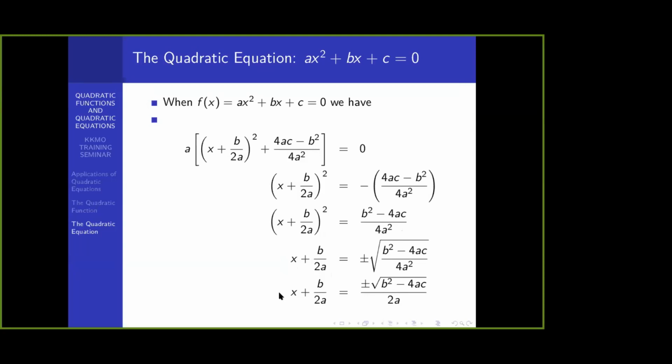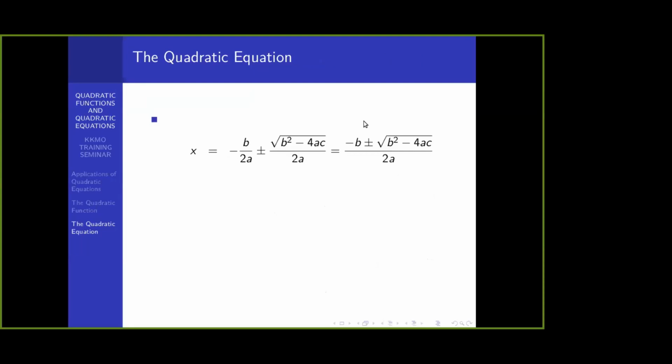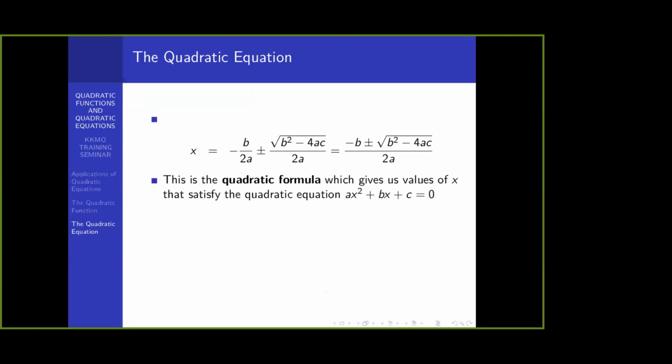We can make x the subject of this so that we get the values of x for which this function is equal to 0. And when you do that, we end up with this. And this is what we call the quadratic formula. This one gives us the values of x that satisfy the quadratic equation, ax² plus bx plus c is equal to 0. So that's how you derive the quadratic formula, and it will come in handy.